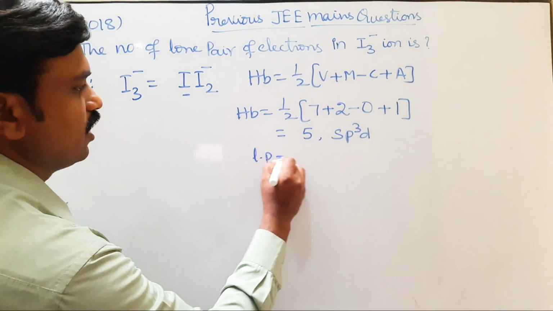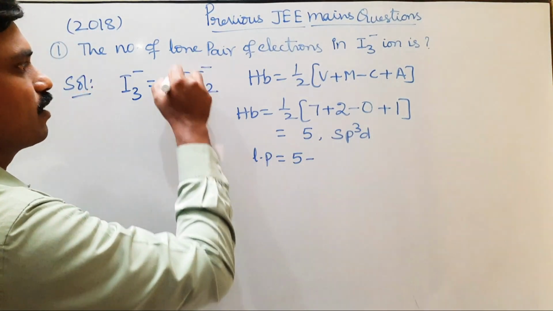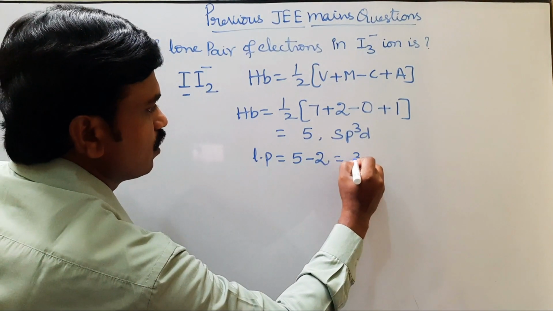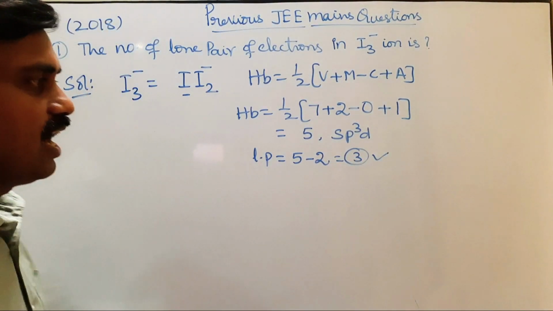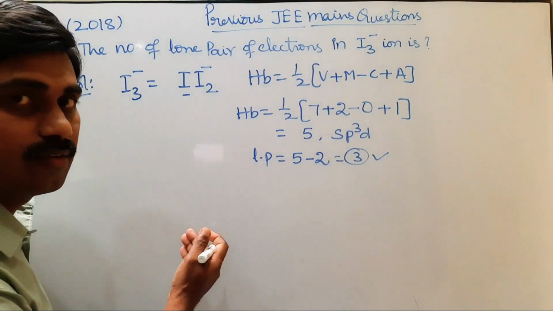Now lone pairs equal total pairs obtained, here 5, minus surrounding atoms with central iodine. 2 surrounding atoms are there, 5 minus 2 is 3. So the central iodine has 3 lone pairs of electrons. Now look at the structure of I3 minus ion.